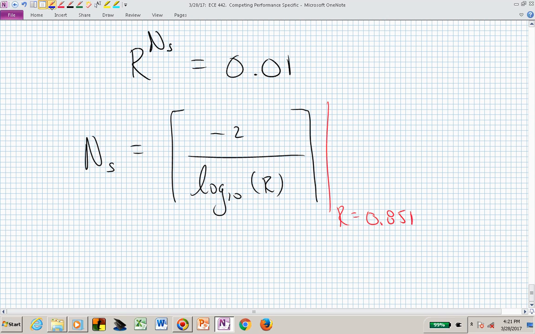Plugging that value of r into this expression, we have the ceiling function of 28.6, or now we are at 29 samples for a settling time.